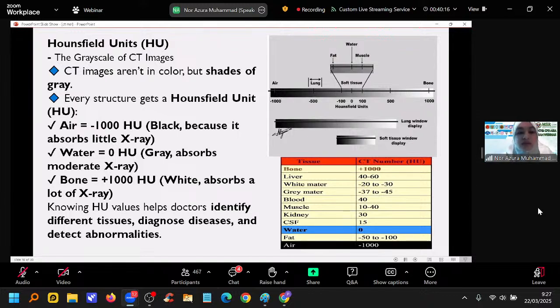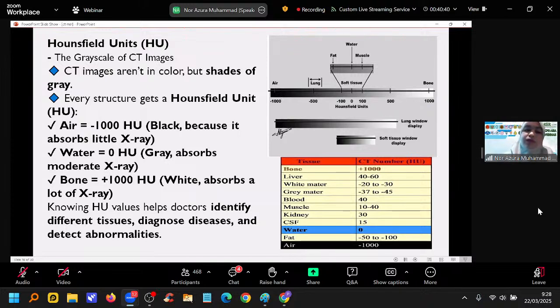And then for water, the HU value is 0 and it looks gray because this tissue absorbs moderate X-ray. And then for bone tissue, the value is plus 1000, and usually we see white because it absorbs lots of X-ray.